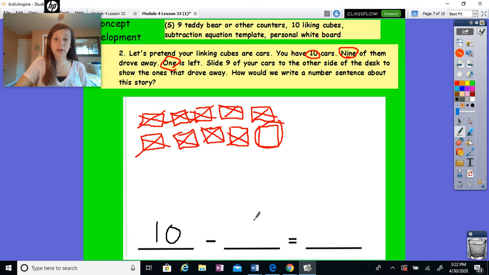So we're going to write number 9, circle in a straight tail. 10 minus 9 equals how many are left? How many do not have an X on it? Just one. So we're going to write 1, straight line down. Excellent. So help me read our number sentence. 10 minus 9 equals 1. Excellent. Yay. Now we're going to move on to our problem set.